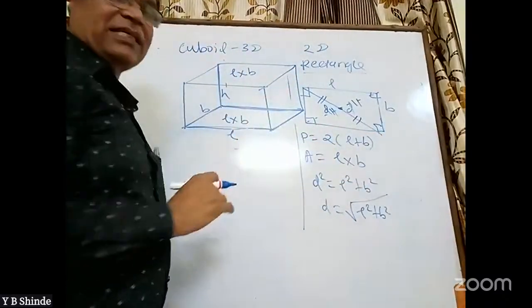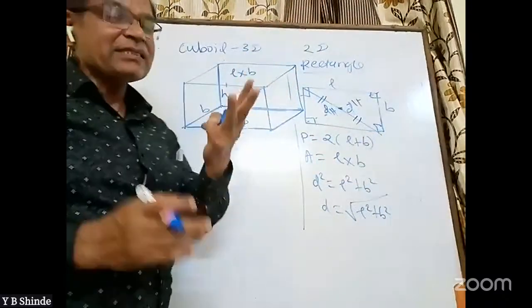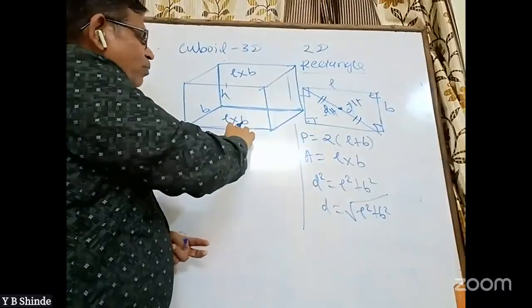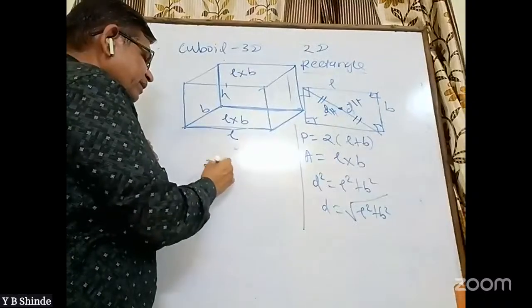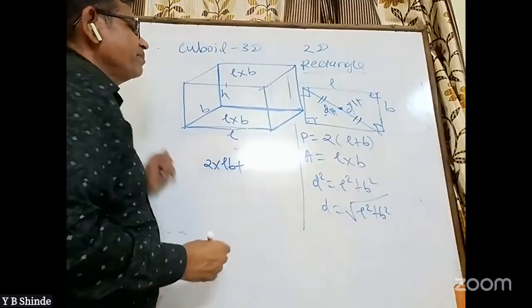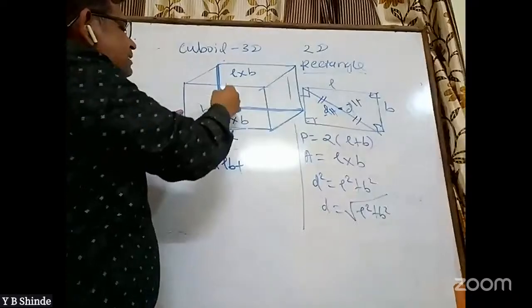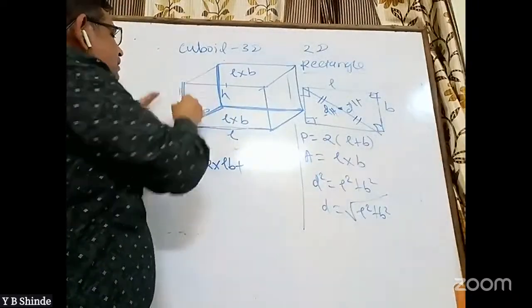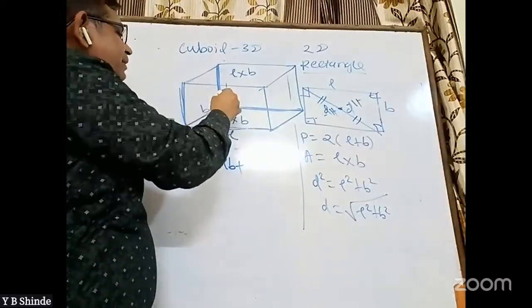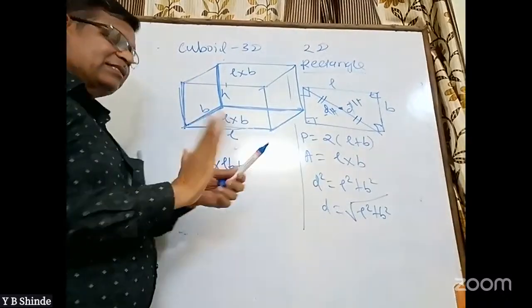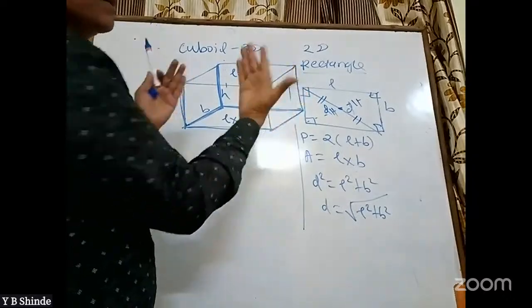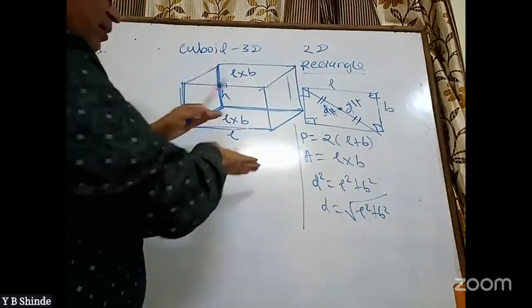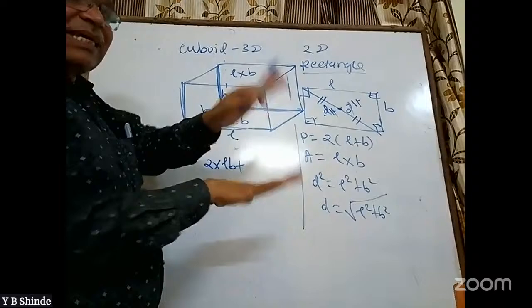It has 6 faces, but these 6 faces have 3 pairs. One pair, bottom, top, L into B. How many L into B? 2 L into B. Now this is the lateral face. These are the two lateral faces. Back and front. Top and bottom. There are 6 faces.